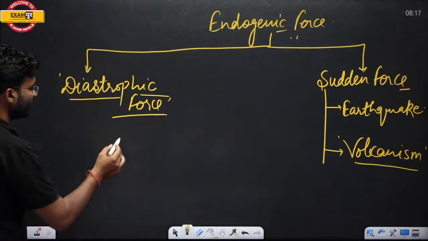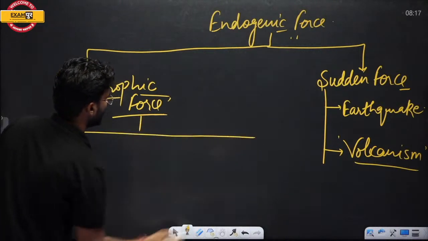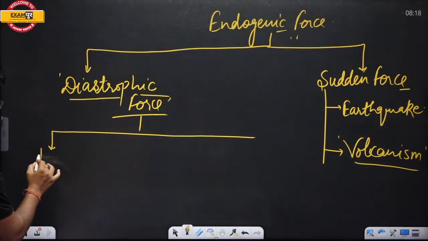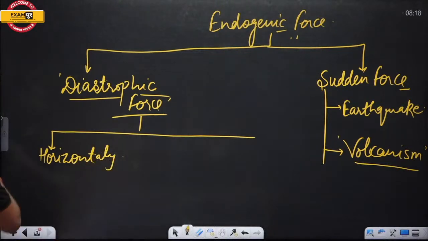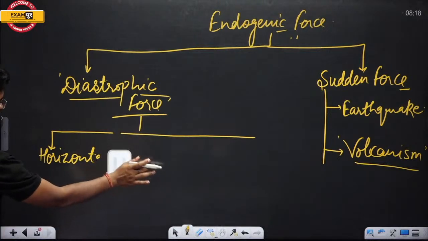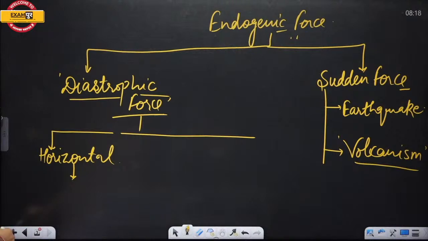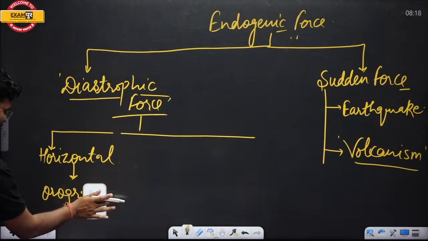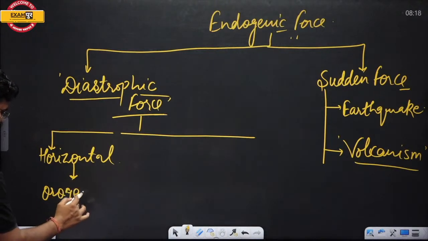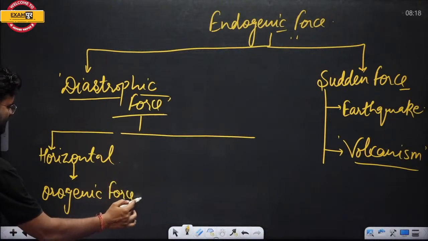If the diastrophic force is working horizontally, then this type of force is responsible for the formation of the mountains, and such type of force is termed as the orogenic force.